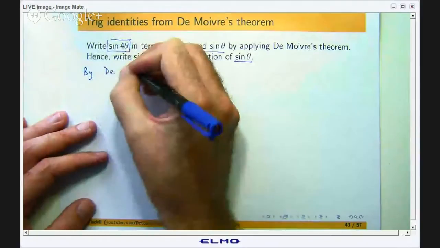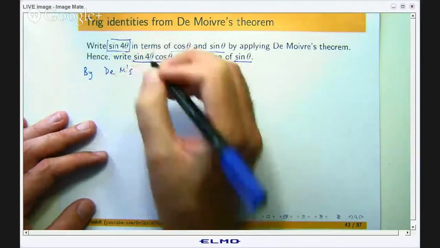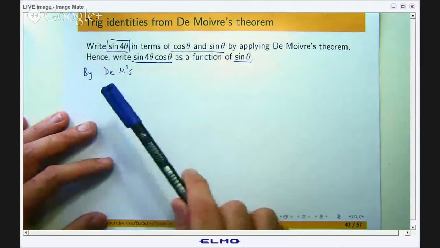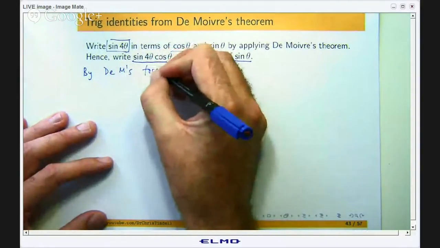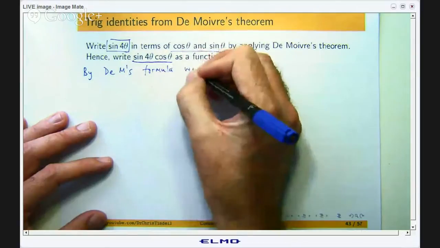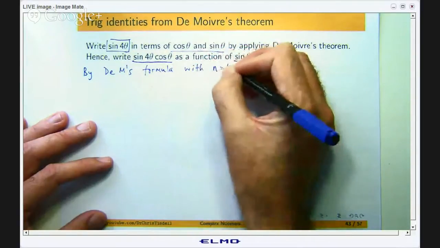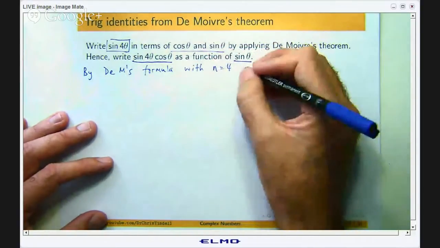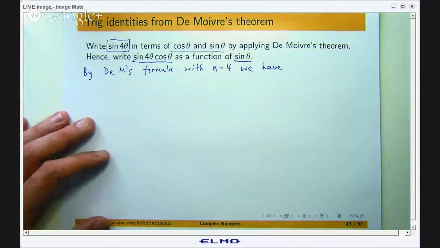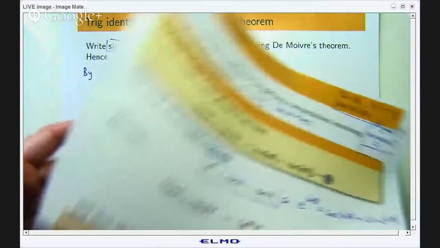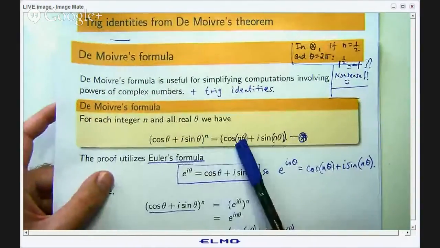I'm just going to abbreviate de Moivre to dm's. So by de Moivre's formula with n equals 4, we have the following. Okay, so we'd have a 4 up there, a 4 in there, and a 4 in there.